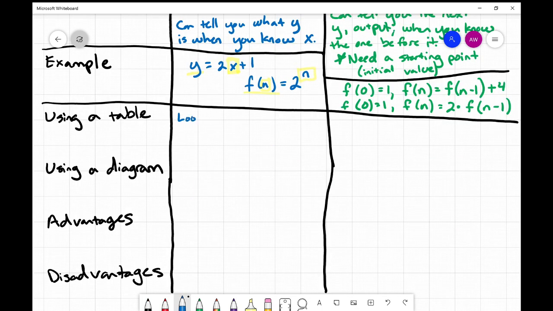Okay, so if we're using a table for an explicit formula, you would want to look across the rows to figure out the pattern used to get from the input value to the output value.